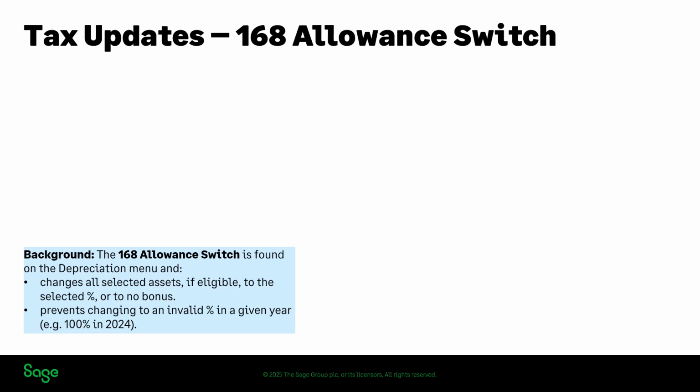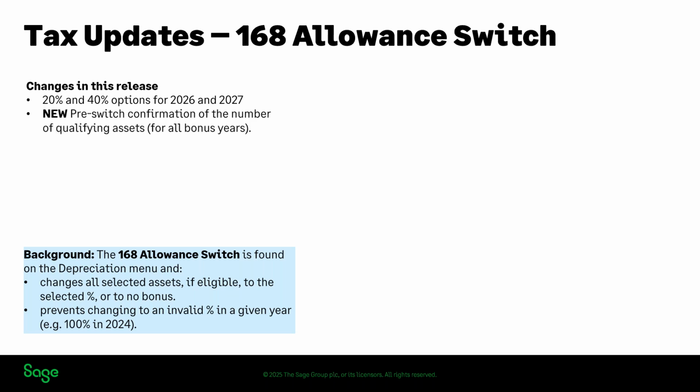For example, it won't let you take 100% in 2024 because we've got that intelligence built in for you to reduce the chance of mistakes and errors. So certainly to the switch, we've added the 20 and 40% options for 26 and 27, but we've also added a pre-switch confirmation of the number of qualifying assets.